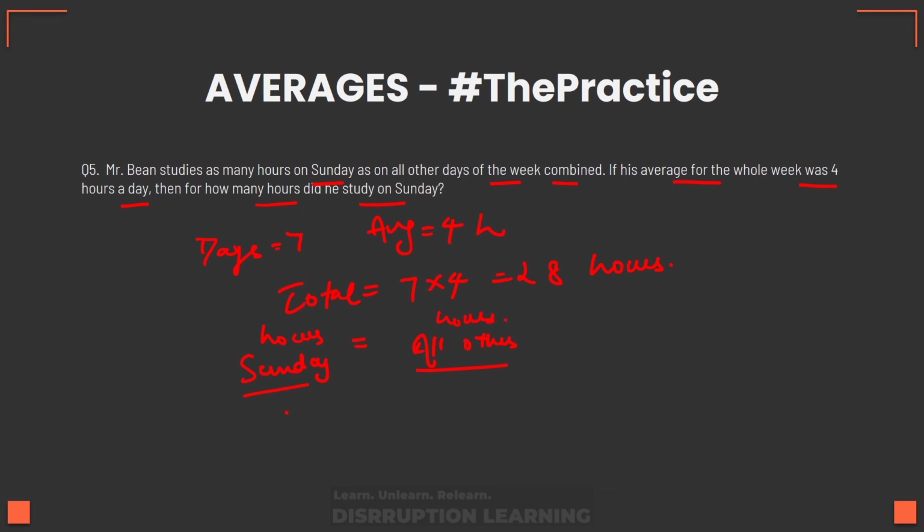So if the number of hours on Sunday is X, for all other days it's also X. So the total is X plus X, which is 2X, equal to 28 hours, which means X is 28 by 2, 14 hours. So on Sunday, he studies 14 hours. Very simple question. I guess it's the easiest one we had for today.